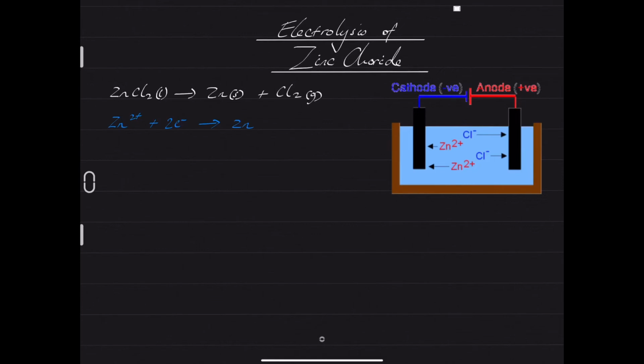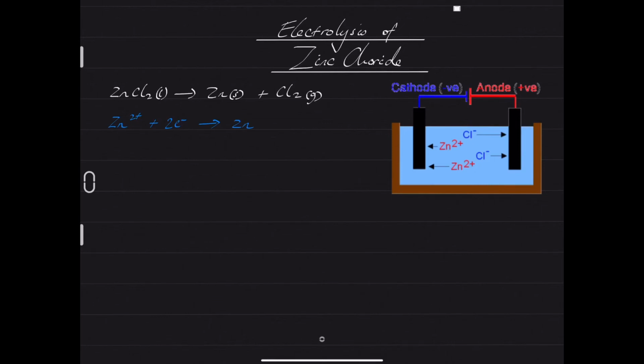Therefore, it loses its charge because plus 2, when you add it to something that's 2 negative, cancels out. So now it becomes zinc metal. So our zinc metal has been formed. Zinc metal is formed at the negative electrode, or the cathode.